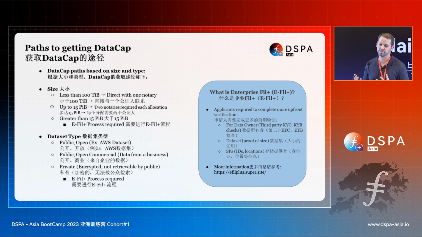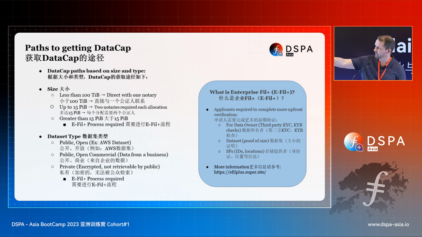Okay, can you prove the size to the notaries? And then the SPs involved. Where are they located? Which are their IDs? Because this becomes potentially part of abuse in this system, but by sharing as much information as you can about your project, it becomes easier for the notaries to understand and to support your project. So that's E-FIL Plus. It's just essentially more checks upfront.